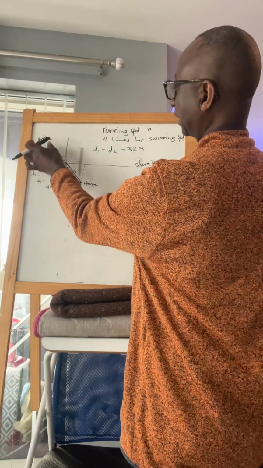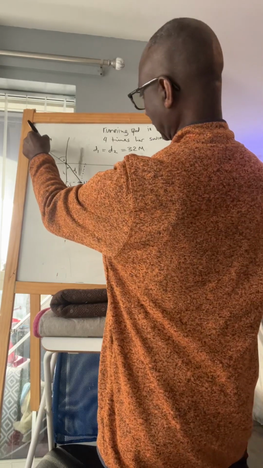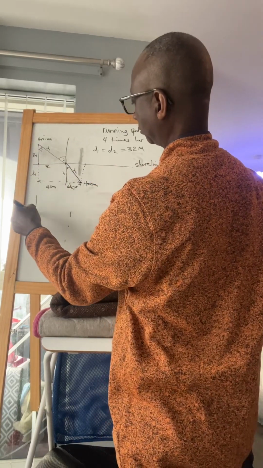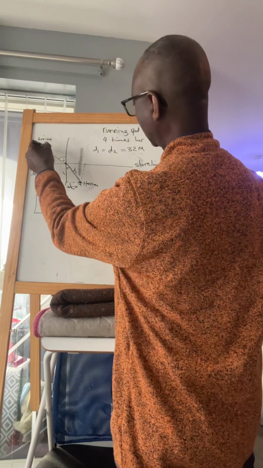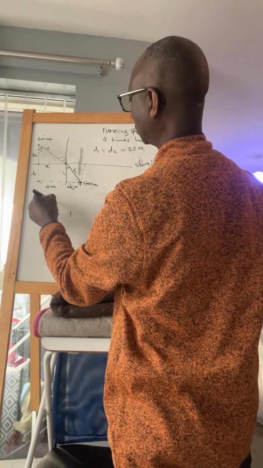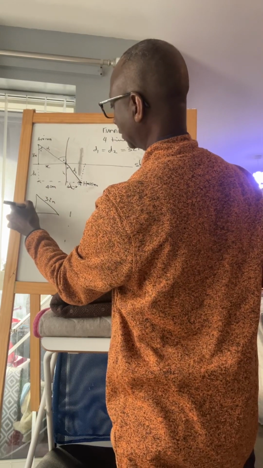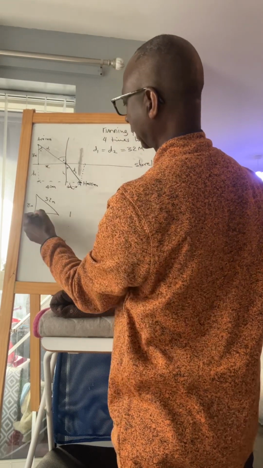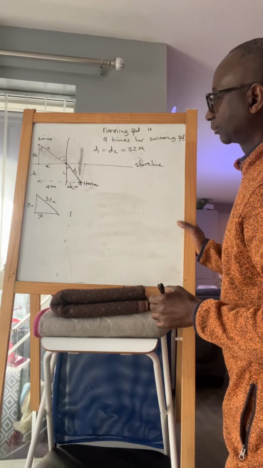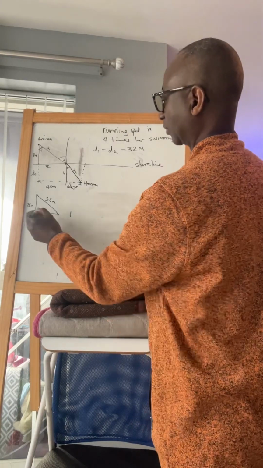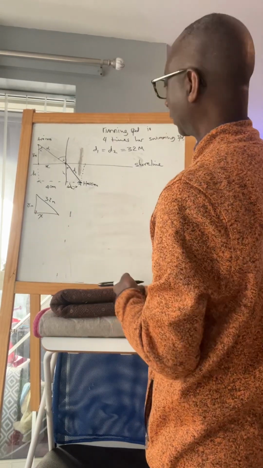So now we consider again this little triangle, which says d is 32 meters. We know here is h, 8 meters. And we know this is x. We don't know what x is. We can use Pythagoras theorem.